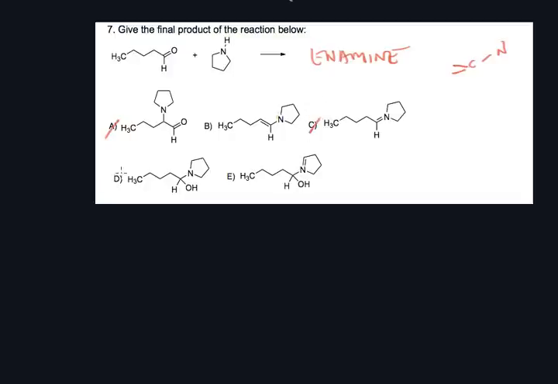There's no double bond in D, so you can eliminate it, and answer choice E is kind of the wrong direction, and it's not adjacent to the carbon nitrogen bond. Well, I guess it is, but it's the wrong direction. So we'll leave B for now, but we'll work out the reaction.